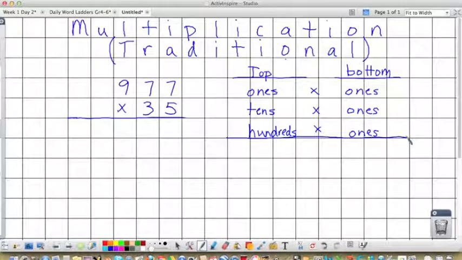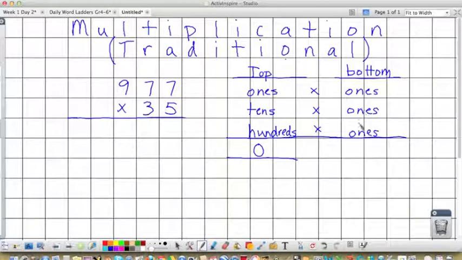So after we've multiplied by the ones place, now we're going to multiply by the tens place. Before we multiply by the tens place, we're going to put a 0 down as our placeholder, because we're no longer multiplying by the ones place. We need to put a 0 there to hold our place, to know that we're now multiplying by the tens place. And once we put our 0 down, we can go back through the same process. Top number times a bottom number.